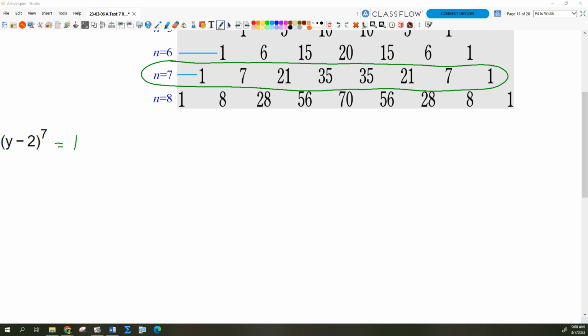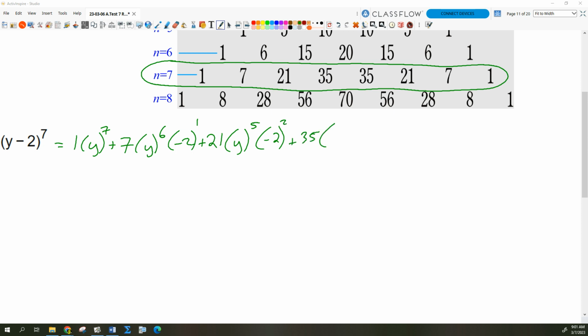So we get 1 y to the 7th plus 7 y to the 6th times negative 2 to the 1 plus 21 y to the 5th times negative 2 squared plus 35 y to the 4th negative 2 cubed.